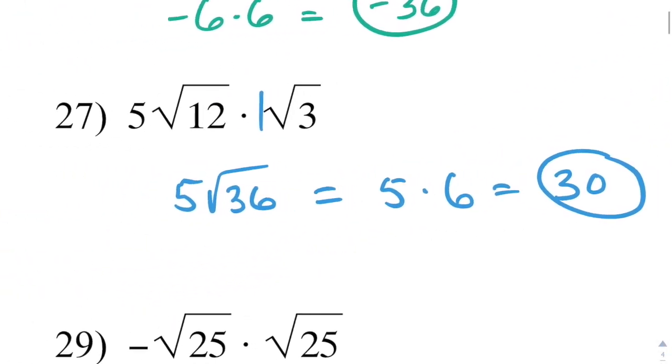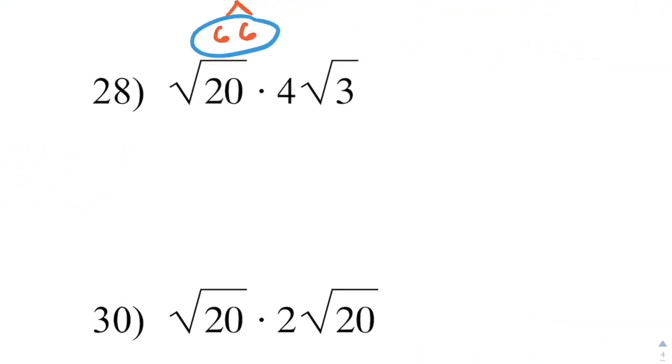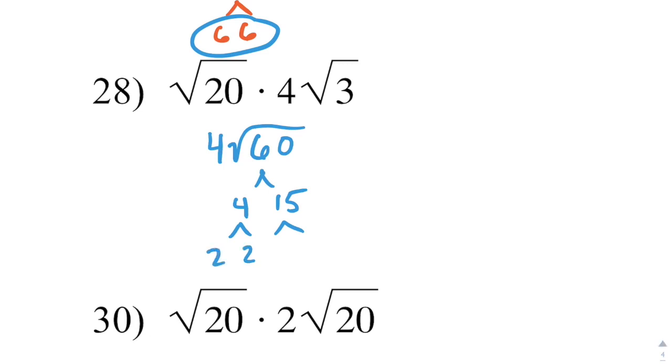Looks like I did number 27 in class, so 28. Here's a good one. So we have 4 square root of 20 times 3 is 60. 60 breaks down into 4 times 15, which is 2 times 2, and then 2 times 3 times 5.